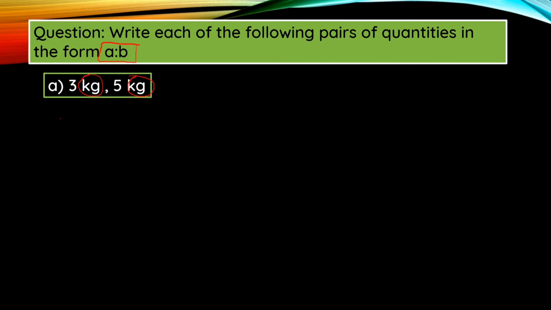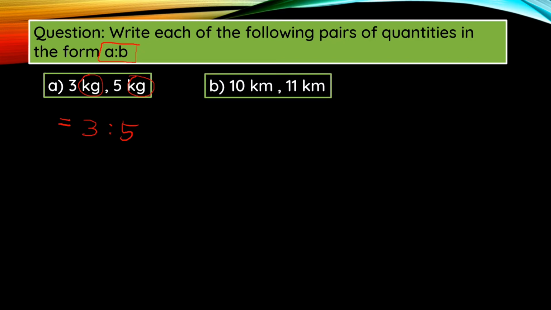So we can just write 3:5. How about B? 10 kilometer and 11 kilometer. Since the unit are same, we can just write 10:11.